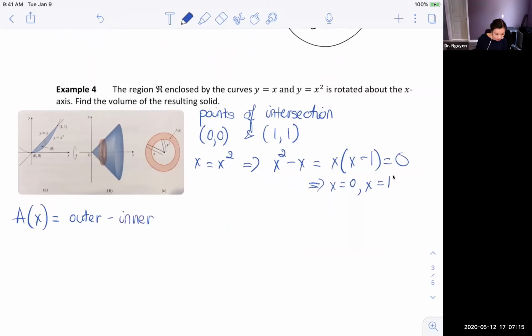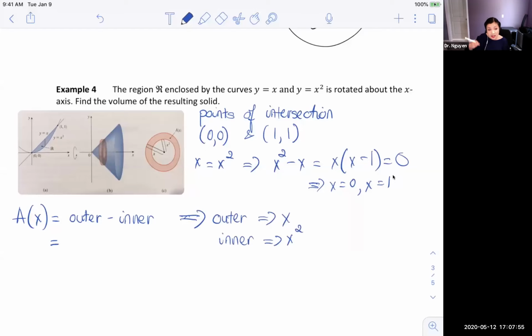I told you earlier, the outer radius is x, and the inner radius is x squared.